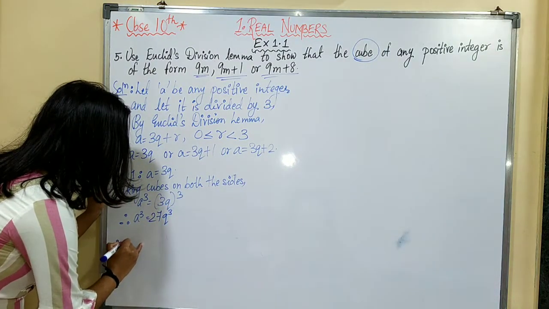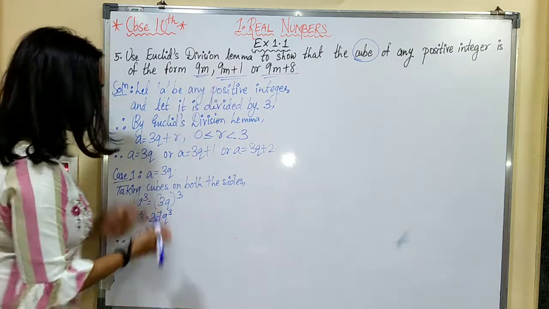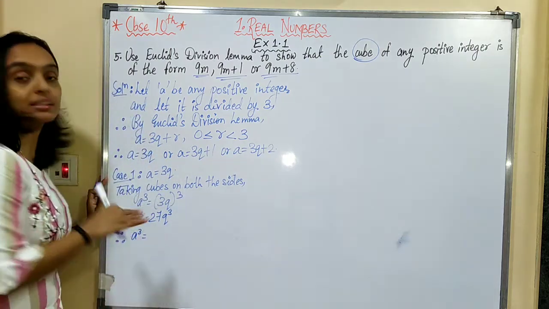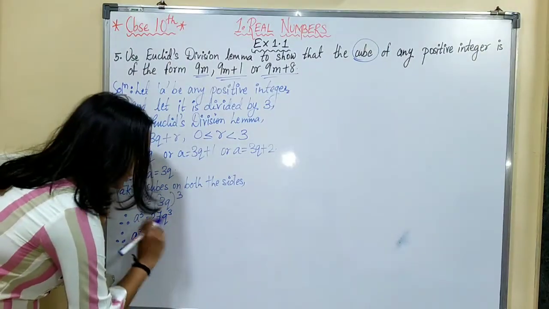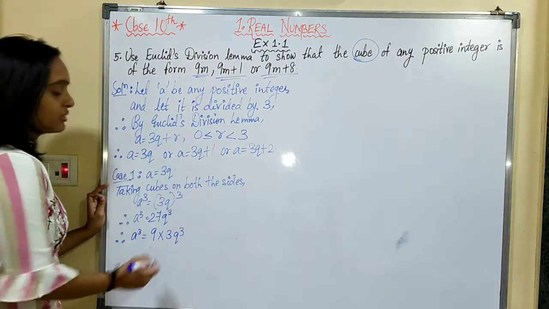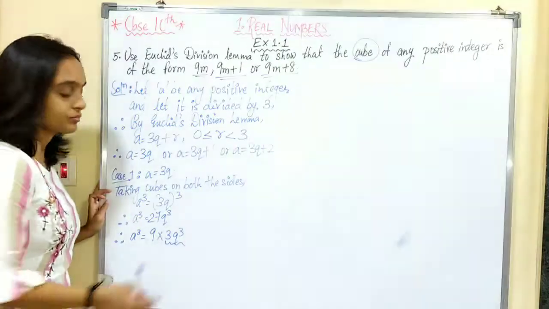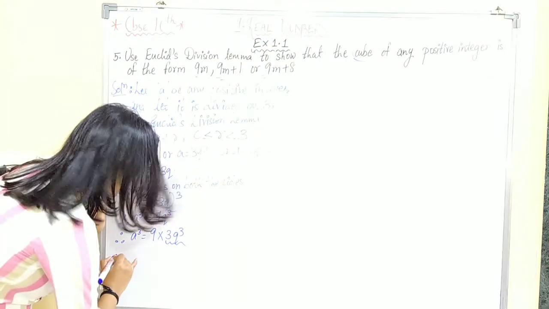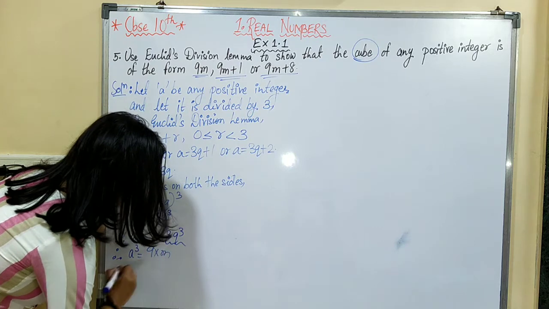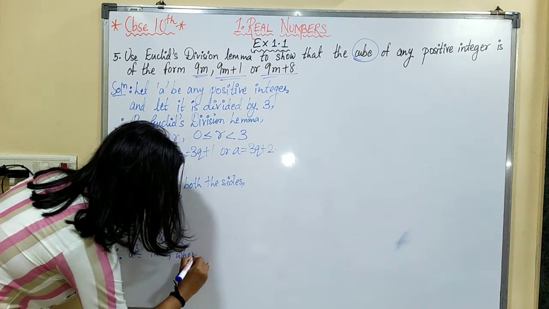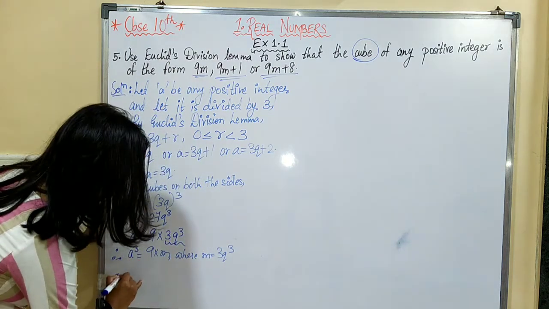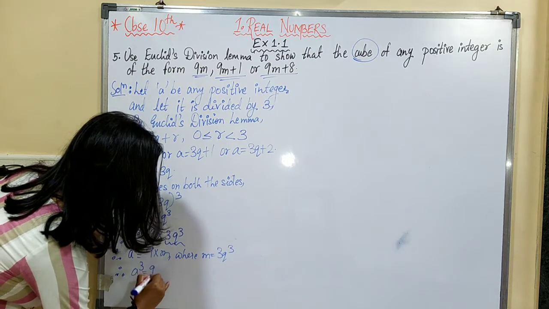Now to get here 9, we can write it as a cube equals to 9 multiplied by 3q cube. So we can put 3q cube as m. Therefore you get a cube equals to 9 multiplied by m, where your m is 3q cube. Therefore you get a cube equals to 9m.